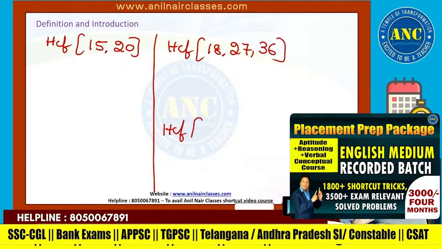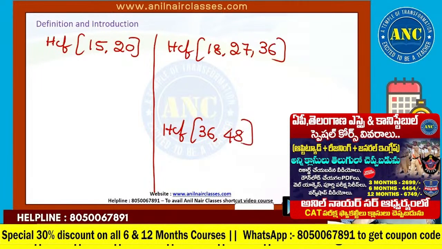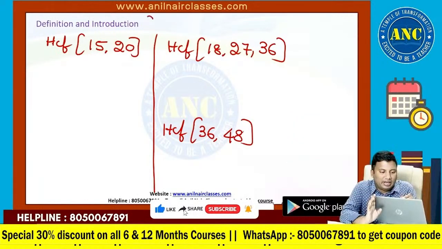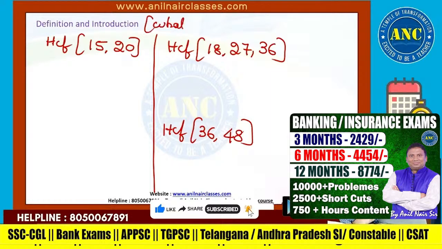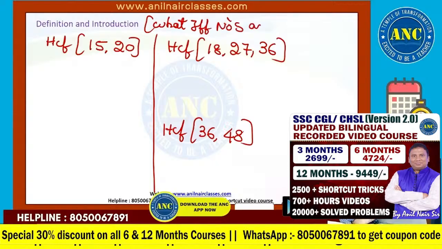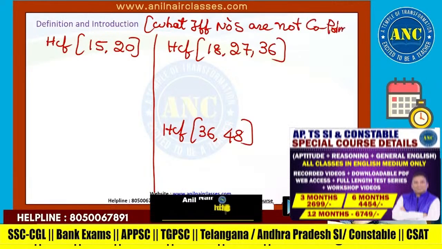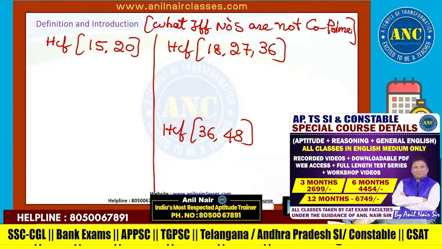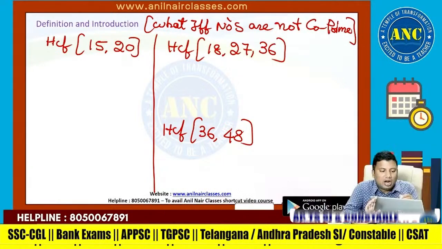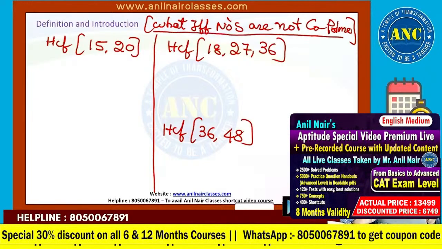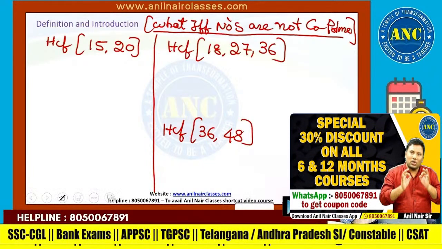HCF of 36 comma 48. What if the numbers are not co-prime to each other? How to find the HCF of the given numbers?